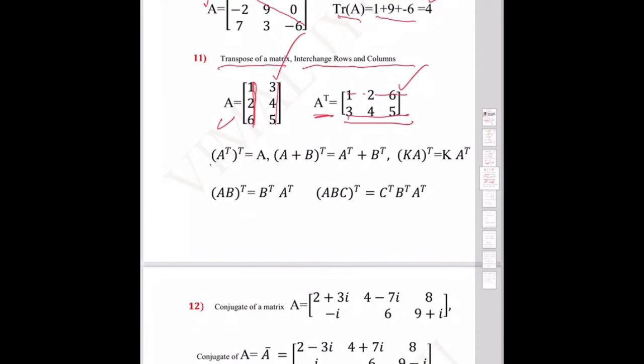A transpose, all transpose equal to A. A plus B transpose equal to A transpose plus B transpose. K A transpose, where K is a constant, is equal to K into A transpose. Next property, AB transpose equal to B transpose A transpose. Then ABC transpose equal to C transpose B transpose then A transpose.